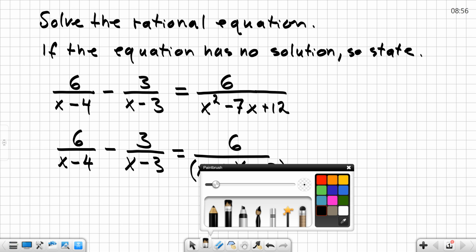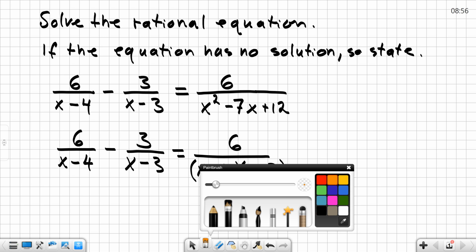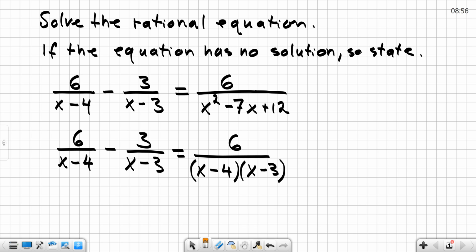Now looking at the denominators, we see that there are exactly two restrictions. Restrictions are those numbers that would turn the denominators into 0 when I would plug this number for x in. And we see from the first one that x cannot be equal to positive 4 because 4 minus 4 would be giving us 0.